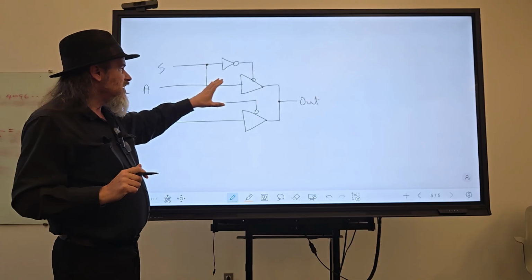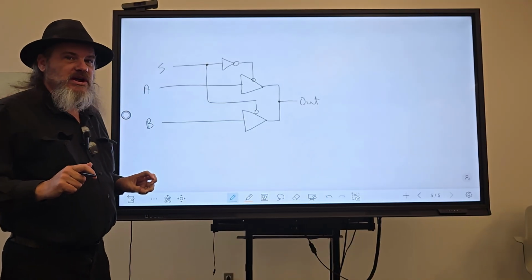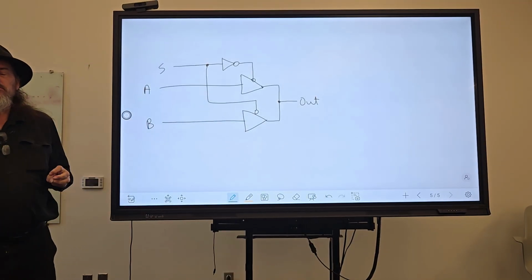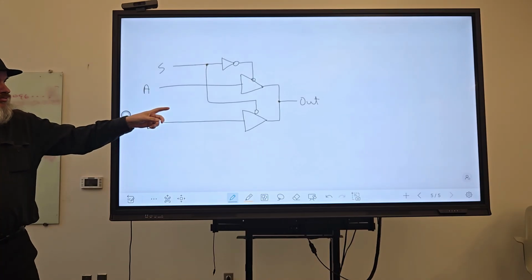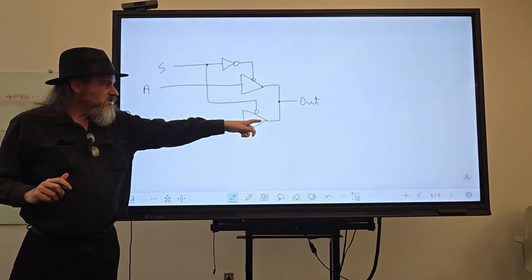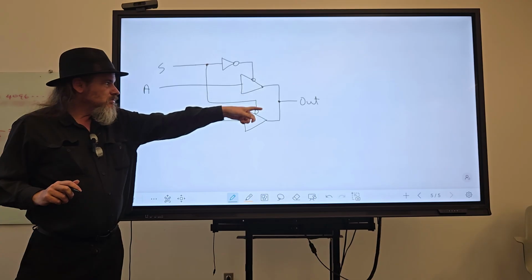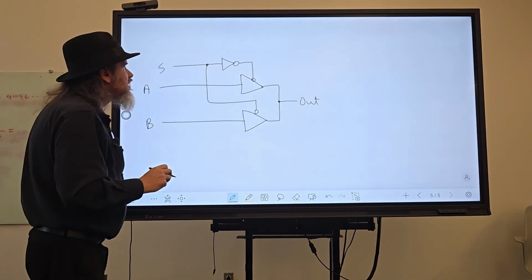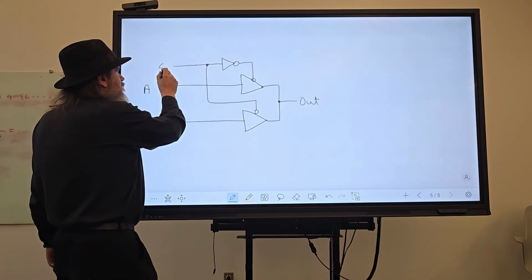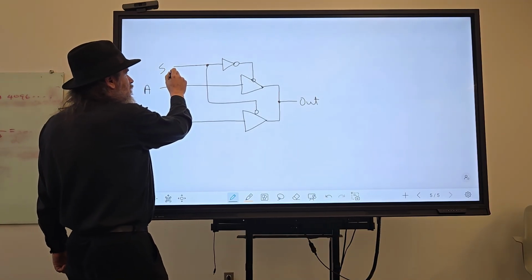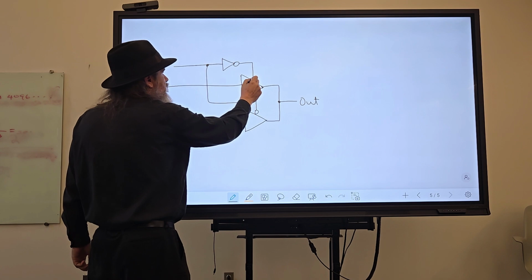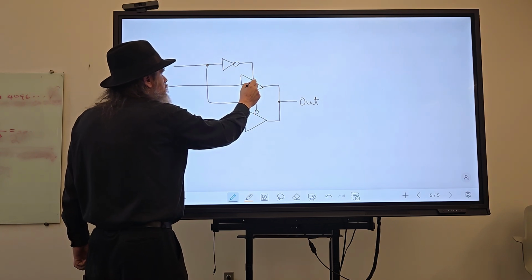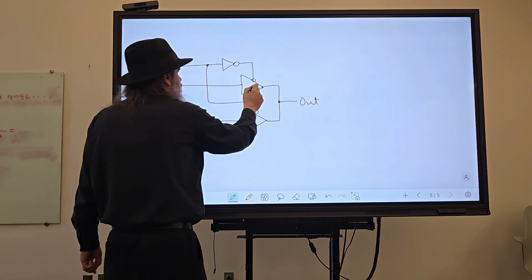So the exception to that is when you're using devices with tri-stated outputs. So when S is high, this would be low, and this would be enabled.